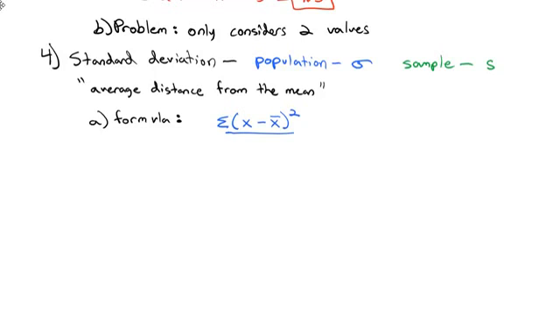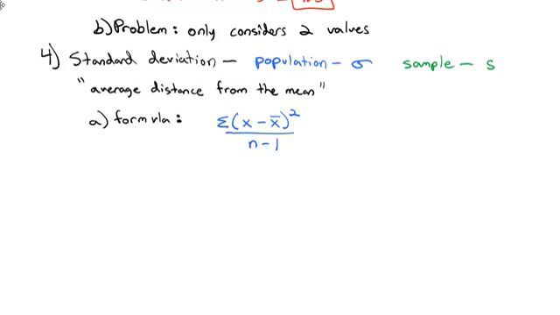Then we'll divide by the sample size, which turns out with standard deviation, and when we derive the formula, it's not exactly the sample size we divide by, but we'll divide by n minus 1. And the reasons for the minus 1 are beyond the scope of this course, so you'll just have to trust me. To take an average distance from the mean with the standard deviation, we're going to divide by n minus 1.